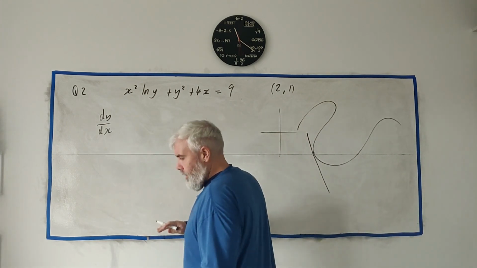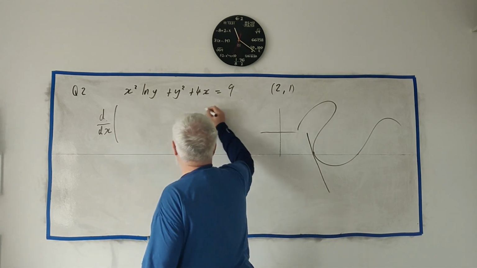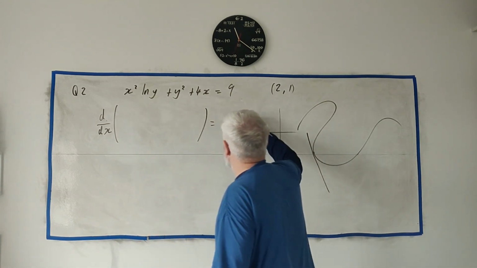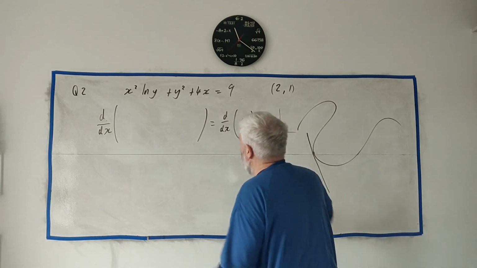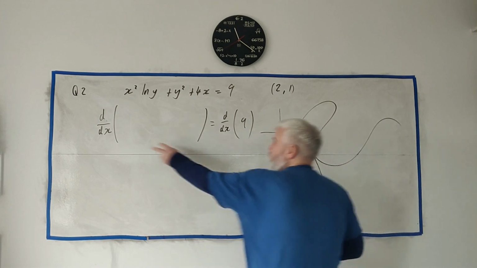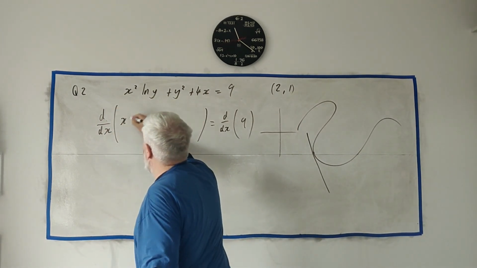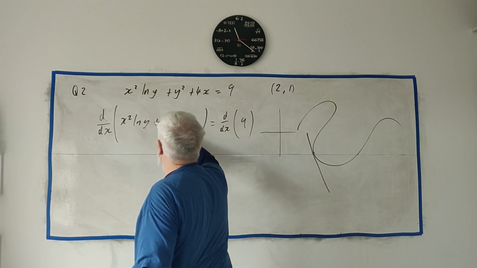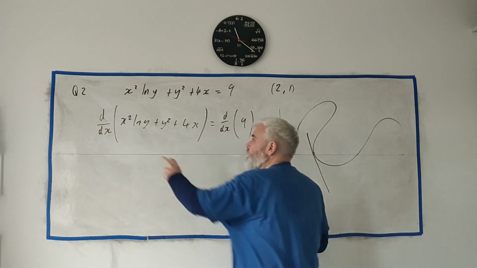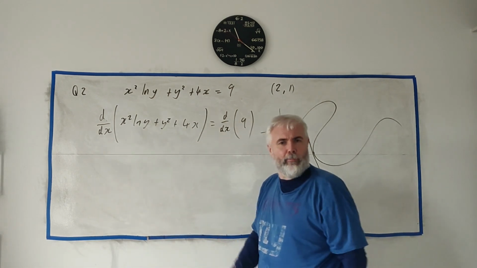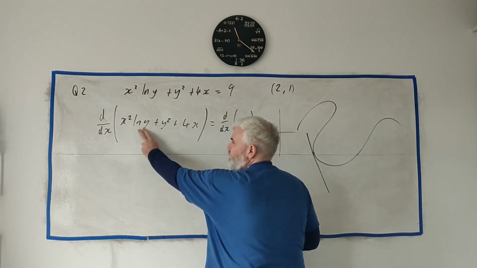So let's rub this out here. What that means is I'm going to differentiate both sides. And that's d/dx to both sides. That's the derivative of 9, the derivative of all of this. Let me just write it all in. x squared natural log y plus y squared plus 4x. Now, differentiation works a lot like multiplying. That's not a guarantee, by the way. Natural logs don't work like this.